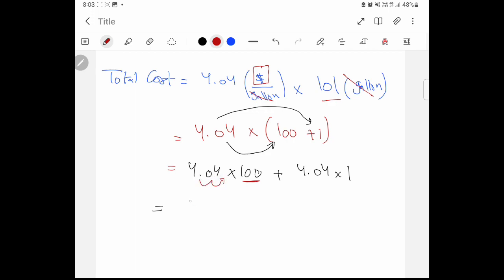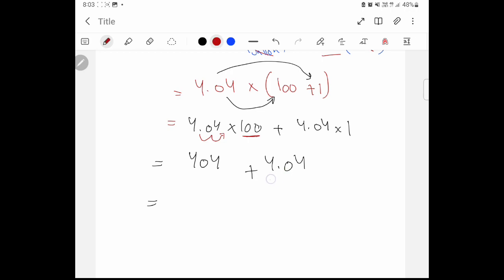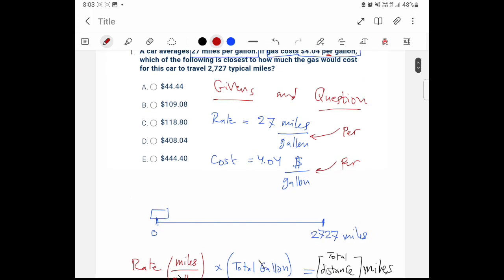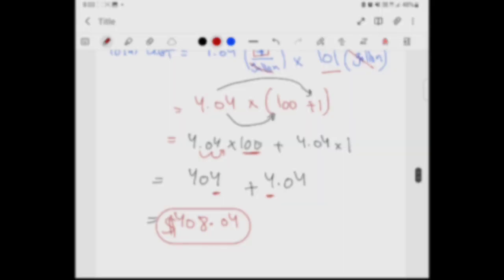So the answer here will be 404 plus 4.04, and again here you can add, that will be 408.04 dollars, and that's the answer, which is this one, D. Thank you.